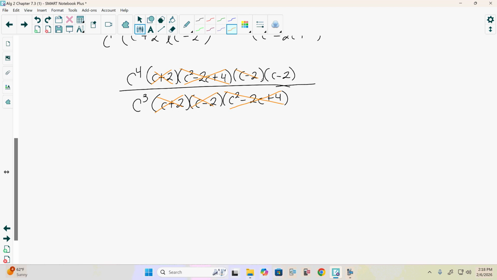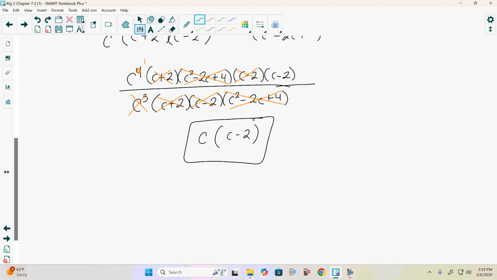C minus 2 and c minus 2, yes? What else? Well, that's c to the third and c to the fourth. The 3 on bottom are going to be gone completely because they're going to simplify with 3 of the ones on top. And since there's 4 of them, we're going to only be left with 1 on top, yes? So what we're left with is c times c minus 2.